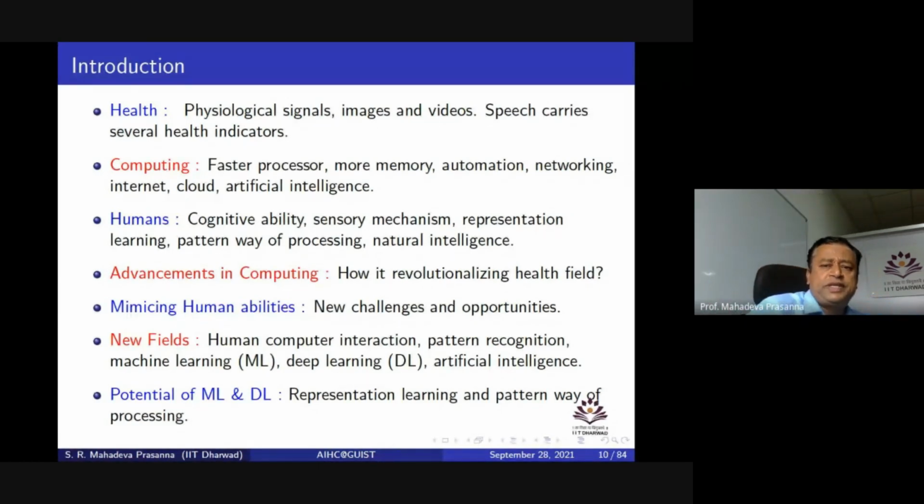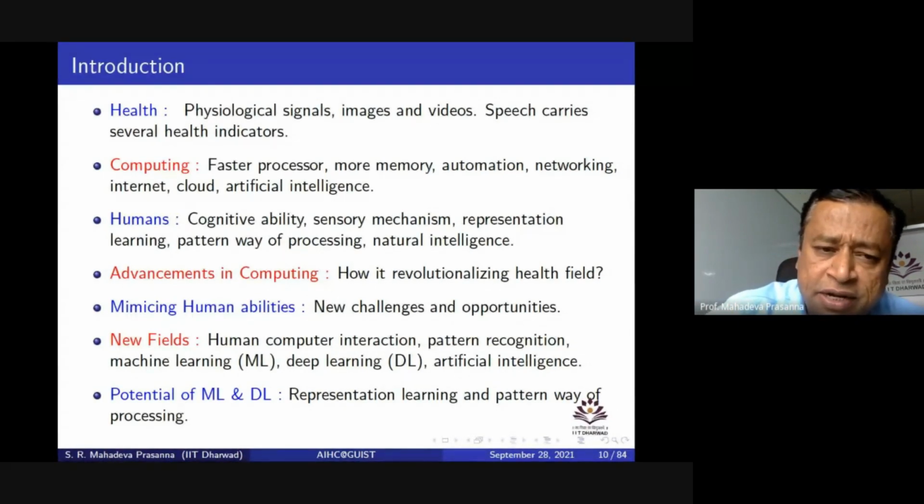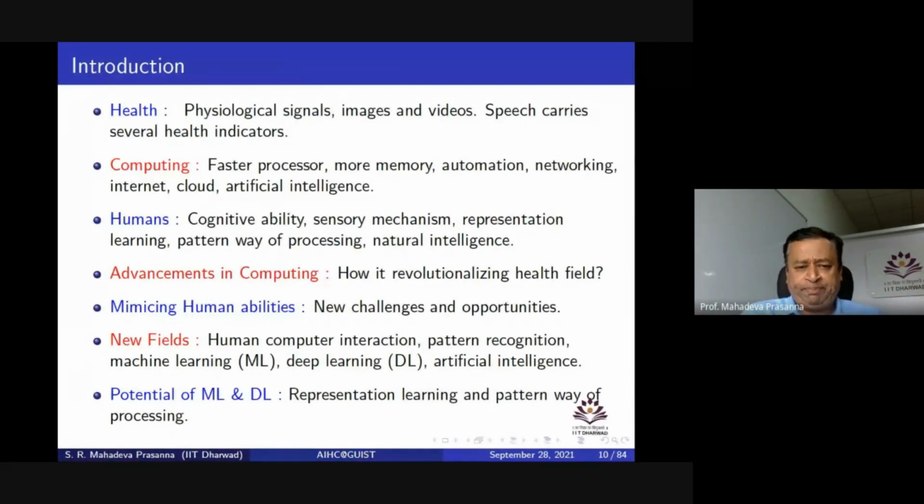One such physiological signal is speech, and speech carries several health indicators depending on the task we are interested in. Multi-dimensional health indicators will be present in the speech signal. Just like any other physiological signal, images or videos, speech also carries several health indicators. That is the first point for using speech for health diagnosis.